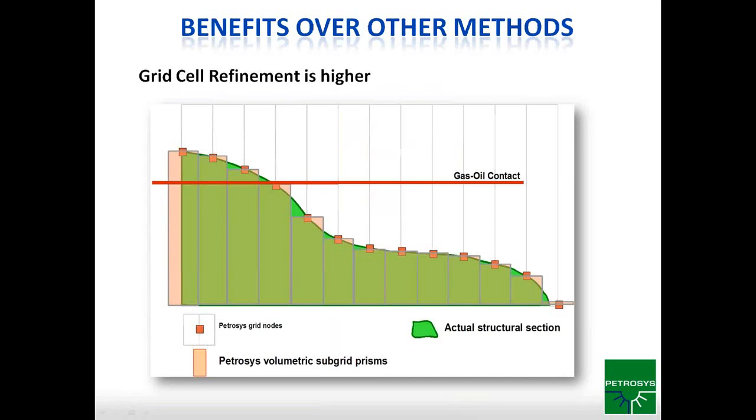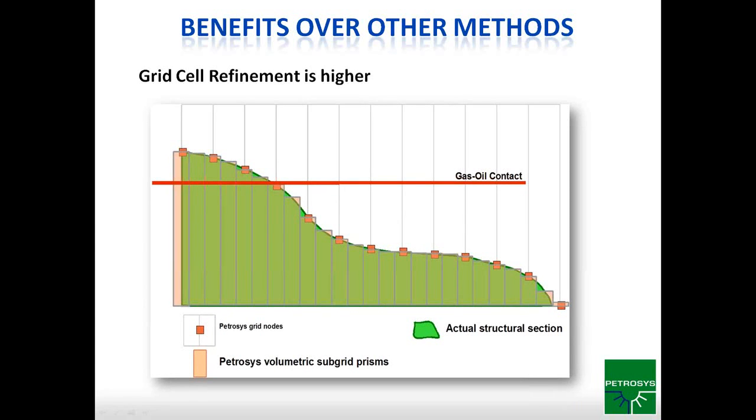Another thing that slice-based volumes does, and this is a little bit more subtle, is that we've introduced a concept of subcell prisms. It's a benefit of grid-based slices over older methods because you can have low refinements or high refinements on the number of grid cell nodes in the subcells. As the subcells get smaller and the refinement increases, you'll get more and more accurate volumes, but each division of the subcells will slow down the volume calculations.